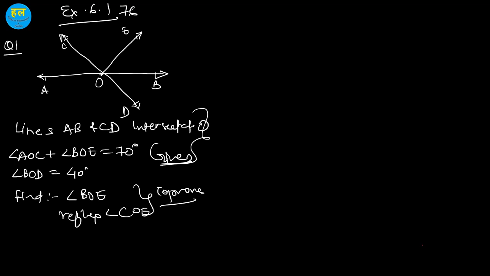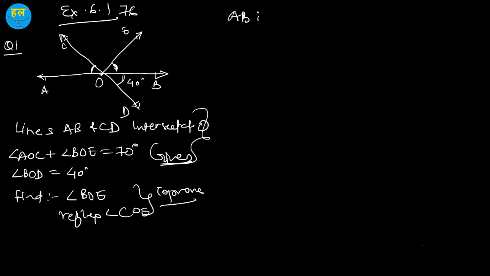Now, since AB and CD are lines and they intersect each other at O, angle AOC plus angle BOE, that means the sum of these two angles, is 70 degrees, and this angle is 40 degrees, right? This is what is given.